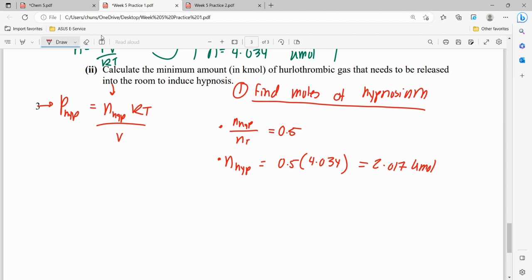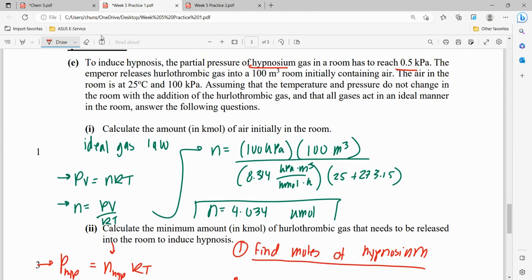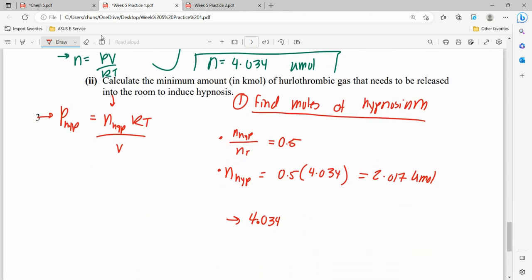So this just takes us back to our total. And we can say this because we already knew that our partial pressure was equal to our mole fraction. Right, so we were already there. So that is our final answer in kilomoles. Okay, so that is our first example done.